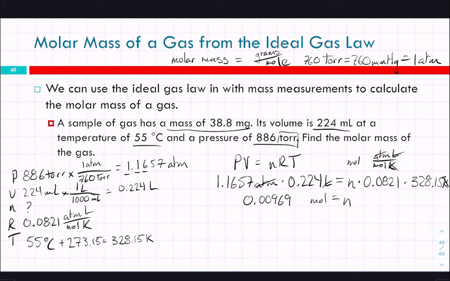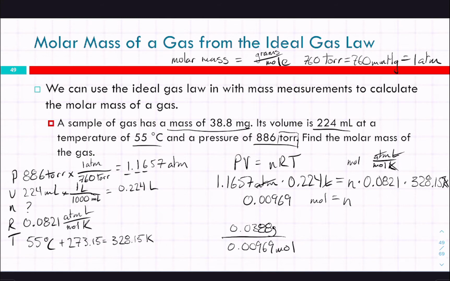Okay, so now we have moles, we have milligrams. Converting milligrams to grams is the same as milliliters to liters. So we can move that decimal place over 3 spots to the left. So it's going to be 0.0388 grams divided by 0.00969 moles.